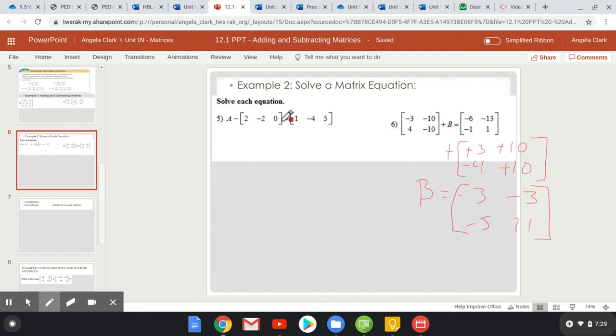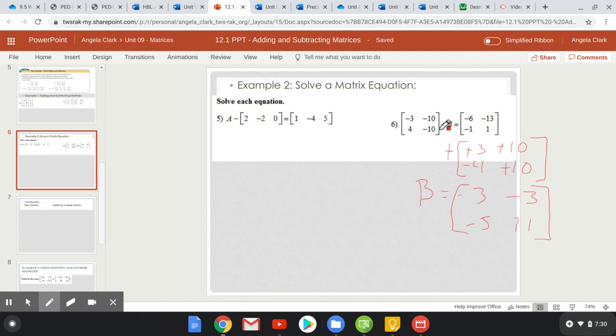Hopefully I wasn't too confusing with the whole zero matrix thing, but I thought it was important for you to understand why we can just get rid of that matrix when we subtract it to the other side, which makes sense because that's what we've been doing with linear equations, but the rules with linear equations don't always work exactly the same with matrices. So I want to make sure we understand why things are working the way that they do.